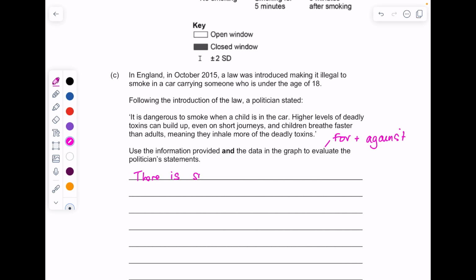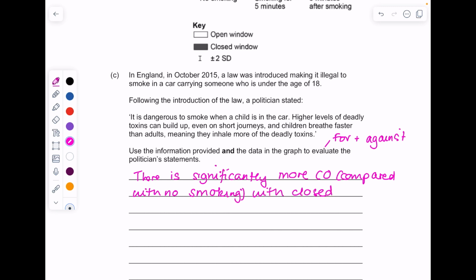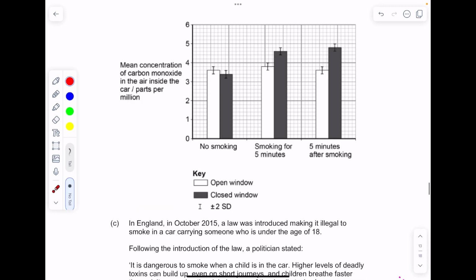So there is significantly more carbon monoxide compared with no smoking with closed windows, and it is significant because there's no overlap in 2 standard deviations. And you can see that these carbon monoxide levels remain high even 5 minutes after smoking.